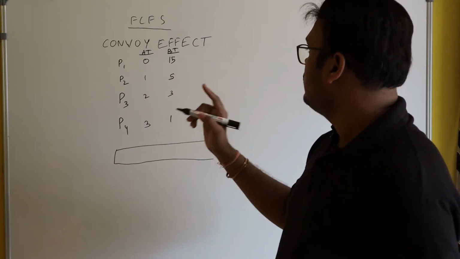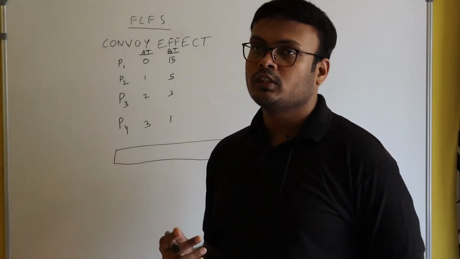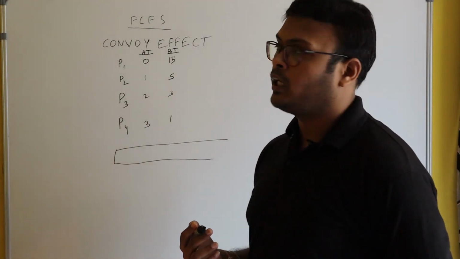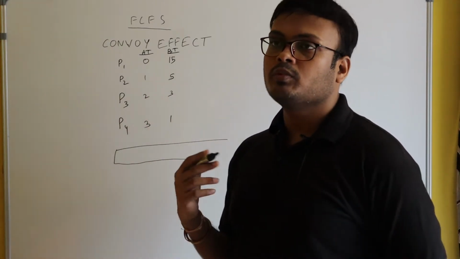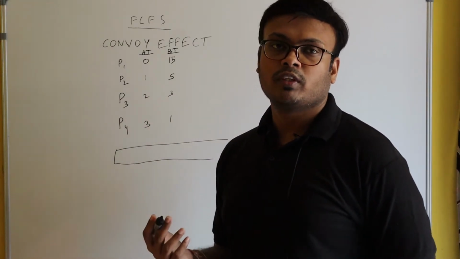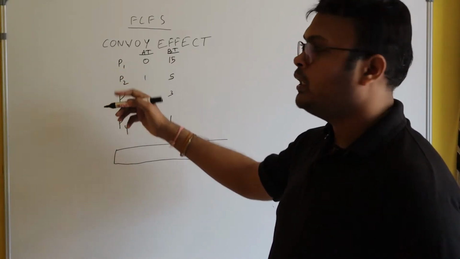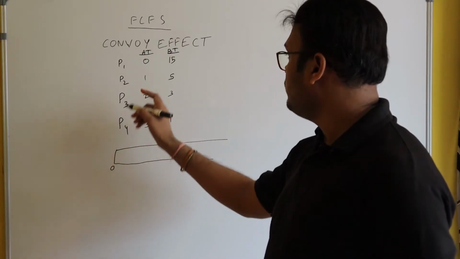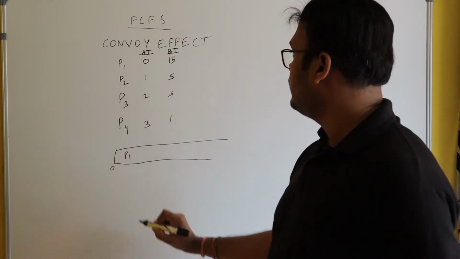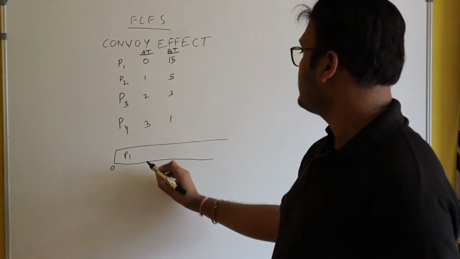So here you see, I already told you that in first come first serve algorithm, the process which comes earlier will get its turn first. Here P1 came earlier, at 0 second, so P1 will get the turn and P1 will run for 15 seconds.